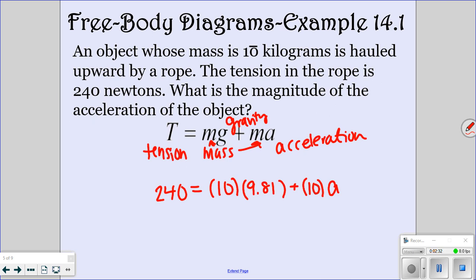And so that's your formula you're going to use, but we want to actually have a picture drawn to give us that formula. So I'm going to go over the little drawing. Here is our object. It's hauled upward by a rope, and the tension in the rope is right here, and then the weight is pulling down here. But it's being pushed up this direction. It's going in the positive direction.